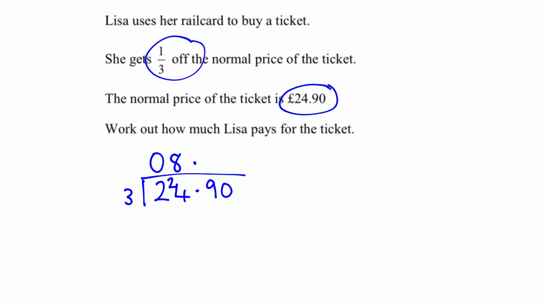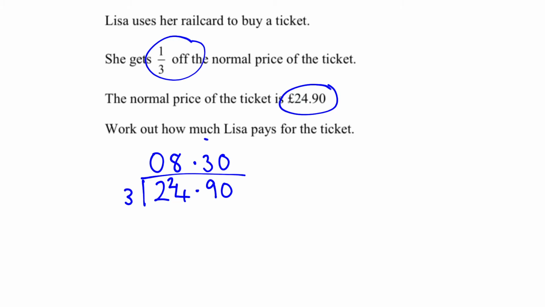We put our points in line when we're dividing, and then we're saying how many 3s are in 9. 3 3s are 9, so there's a 3 there, and that goes in exactly, nothing to carry. And then how many 3s are in 0? Well, 0. So £8.30 is 1/3 of £24.90.